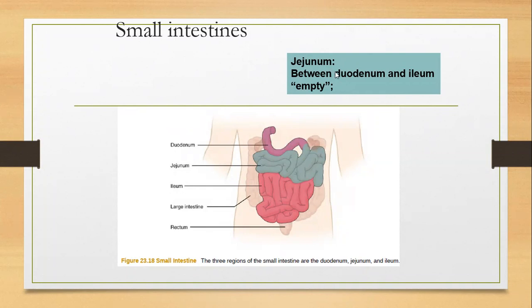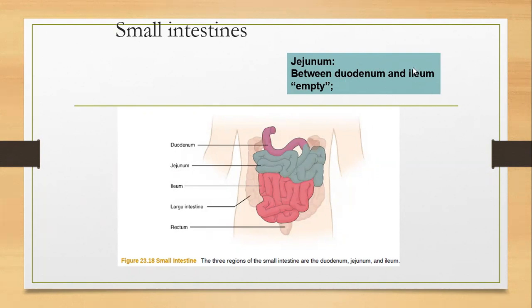As you move down from the duodenum to the jejunum, the number of Brunner's glands starts to disappear. They are fewer and fewer and fewer. So within the jejunum, we have a minimal number or absent Brunner's glands. Brunner's glands are characteristic of the duodenum.